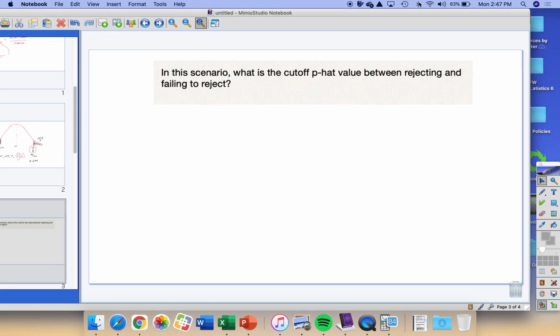In this scenario, our sampling distribution was centered at 0.08, and there's some value over here.